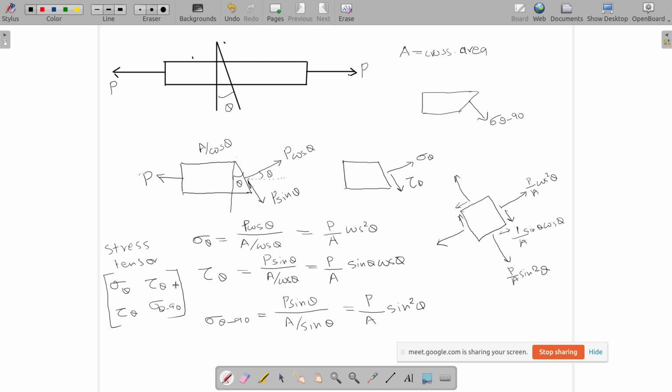So this is our stress tensor, and since theta is a variable here, let's say for the simplest case, theta is 0. If theta is 0, what are the corresponding values of stresses here?